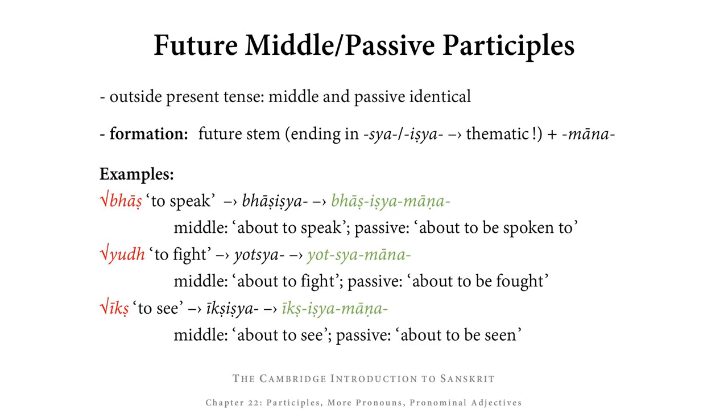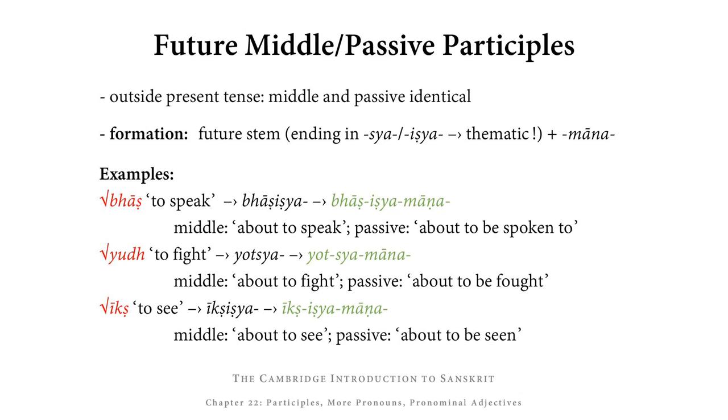To look at a couple of examples, of bhash, to speak, we have the future stem bhashishya and the future middle or passive participle bhashishyamana, which if it's middle means about to speak, or if it's passive means about to be spoken to. Of yud, to fight, we have the future stem yotsya with some internal sandhi, and the future middle or passive participle yotsyamana. If it's middle, it means about to fight.